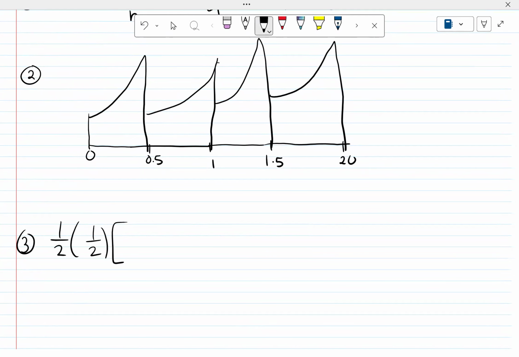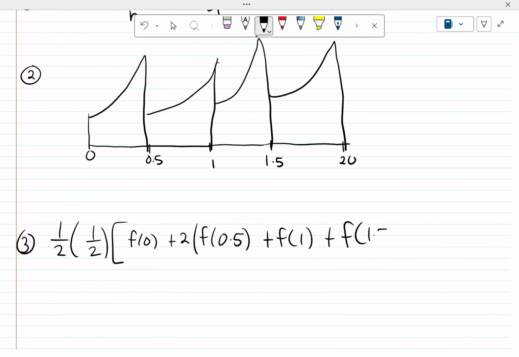And then we're doing the trapezoidal method, so it's going to be f of 0 plus 2 times f of 0.5 plus f of 1 plus f of 1.5, plus f of 2, close it in the bracket. So 1/2 times 1/2 is easy, it's 1/4.